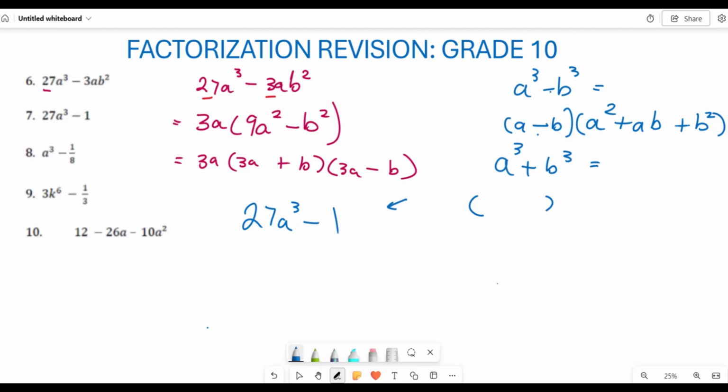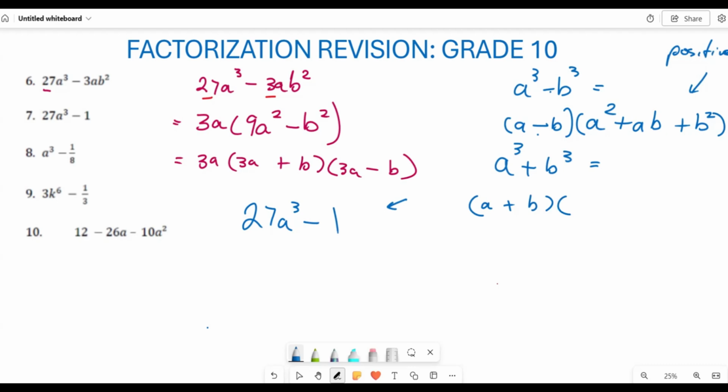The first bracket is going to have the cube root of the first term, which is your a, and then plus the cube root of the second term, which is b. So the sign here is always going to be the same. Then here this is always going to be a plus, and also this is going to be plus plus. Whatever you are going to have here is always going to be positive.